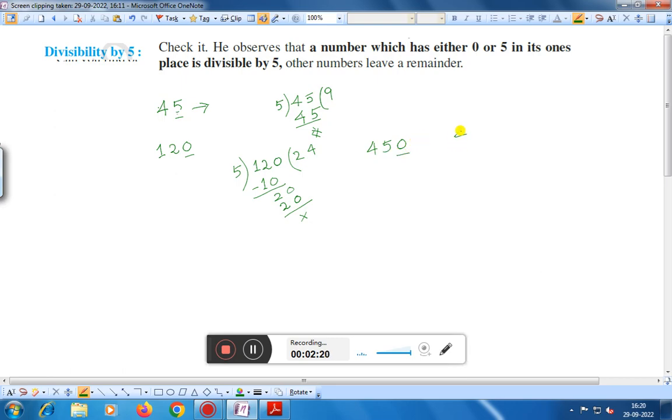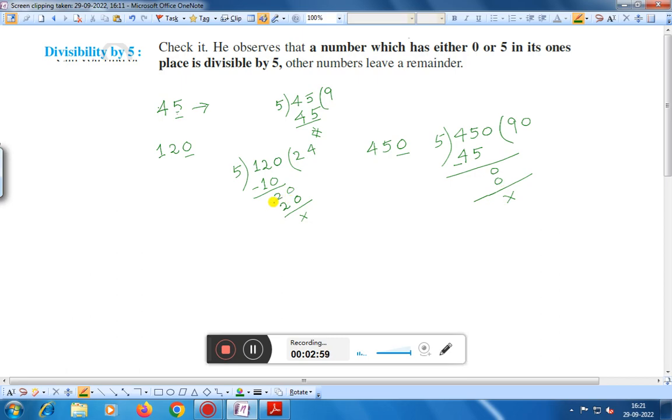Let us divide this number 450 by 5. 5 nines are 45, then 0 divided by 5 is 0, right? And the remainder is also 0. That means it is divisible. The remainder is 0. That means a number which has either 0 or 5 in its ones place is divisible by 5.